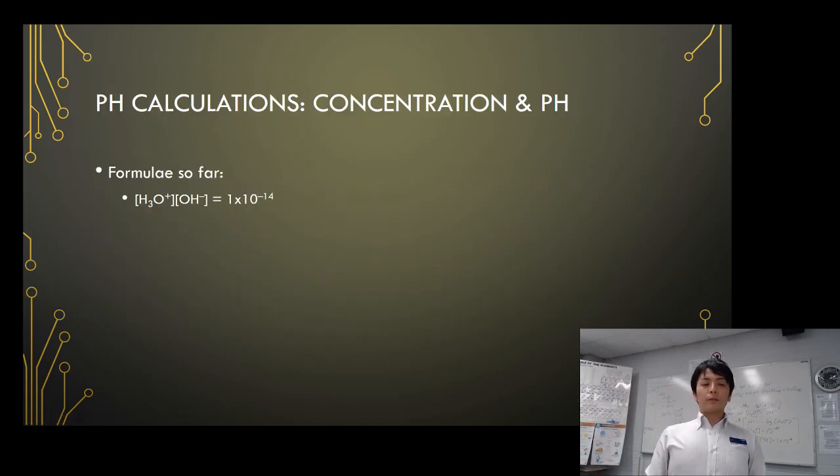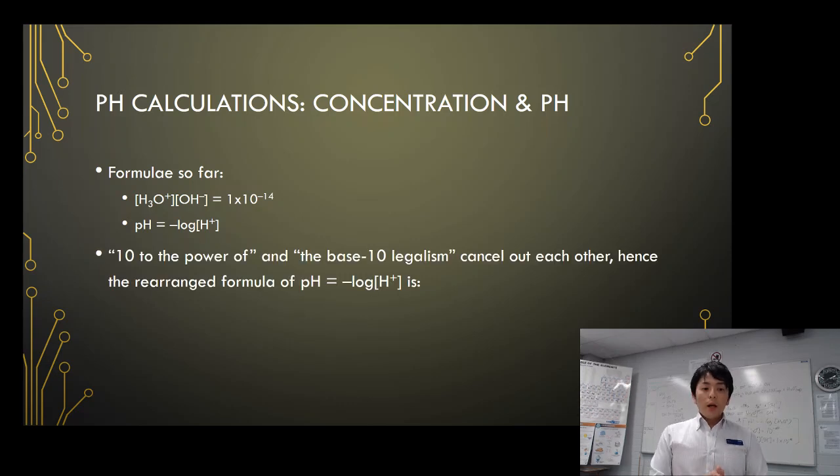All right. The formulas so far covered are those two. What I also want to mention here is that you can also find the concentration of hydronium ion from pH. So that's the reverse of finding pH from the concentration. The formula here is a very, very important one.